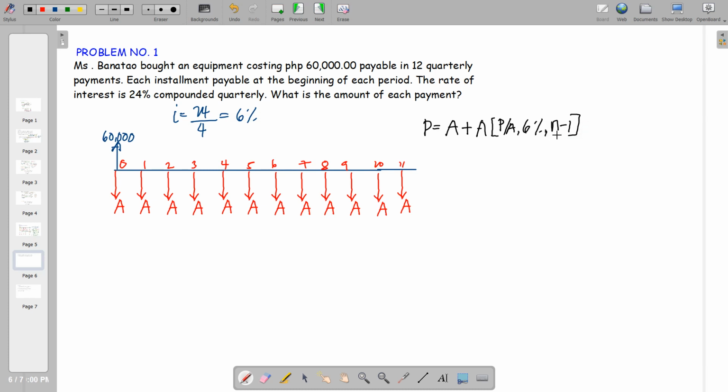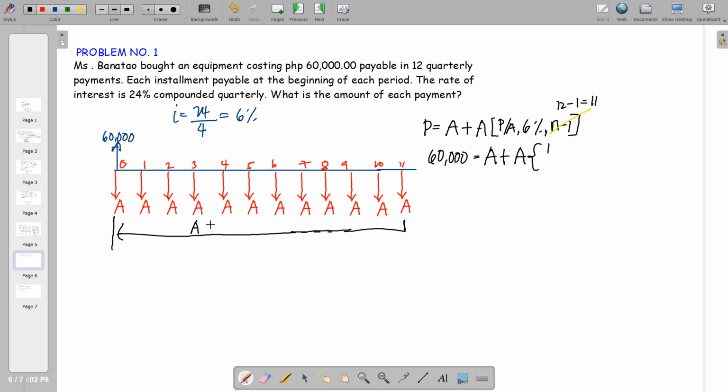And our period is n minus 1, wherein this is 12 minus 1 equals 11. So we substitute the value of the present worth, and that is A plus A times that factor, and that factor is actually bringing all these payments to the present time. So we can say that this is A, P given A, 6%, and that should be 11.